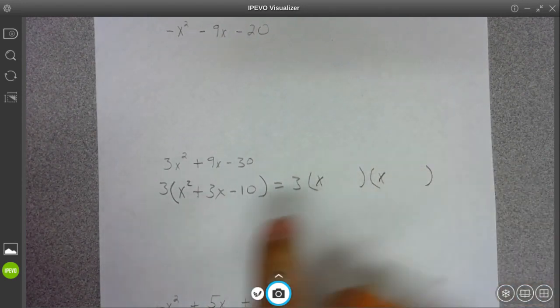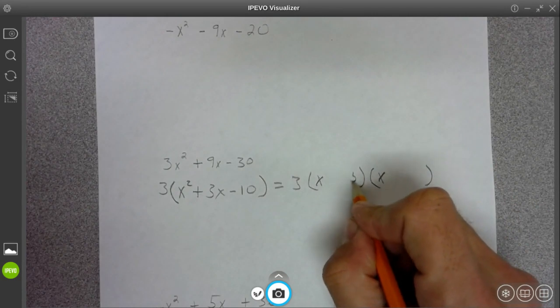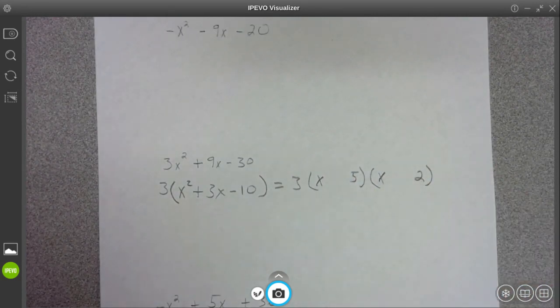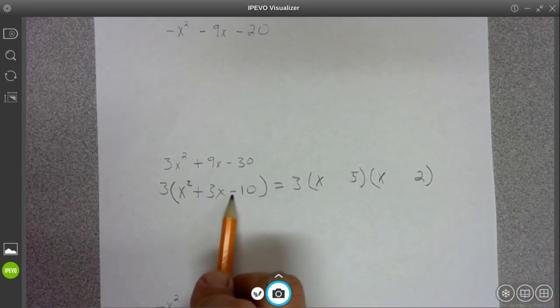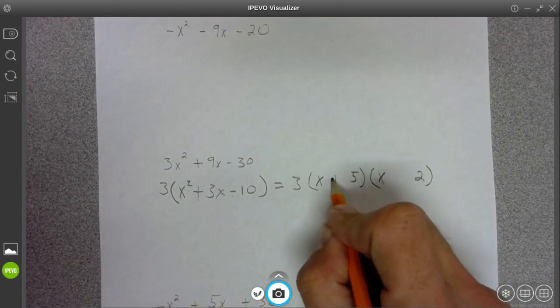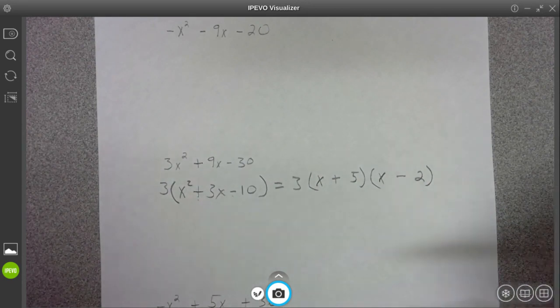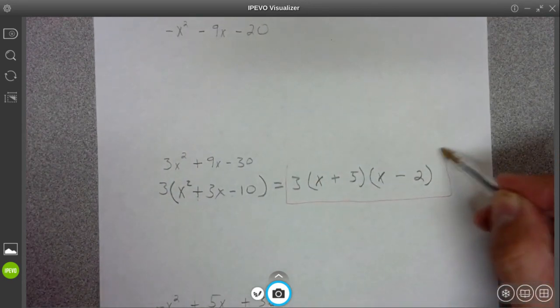They multiply to 10 and subtract to 3. That's got to be a 5 and a 2. This tells me different signs, 1 plus, 1 minus, and that the bigger number is positive. So I'm going to put a positive on the 5 because it's bigger, and a negative on the other one. And this is our factored form.